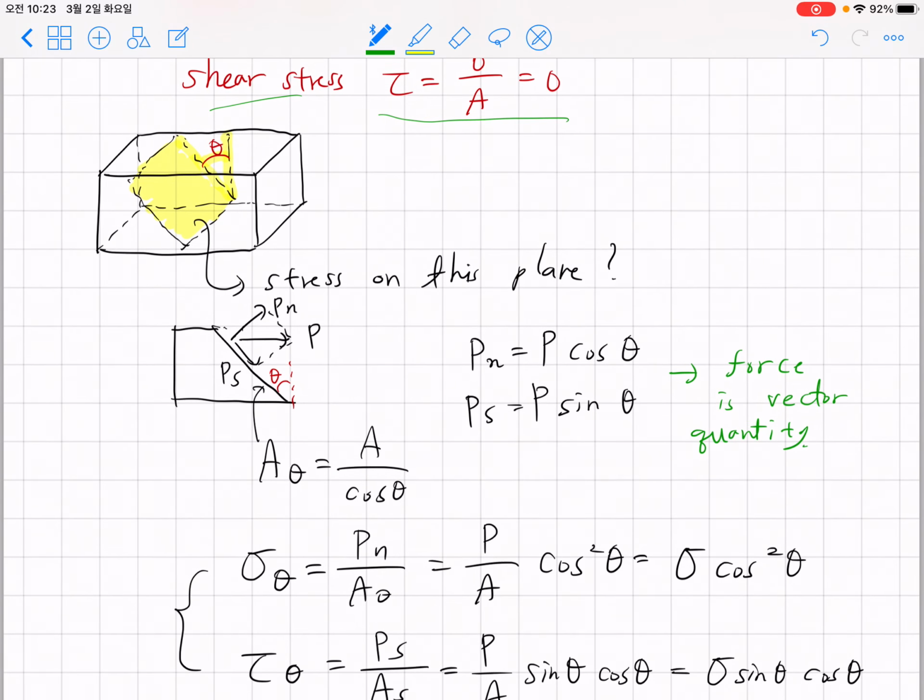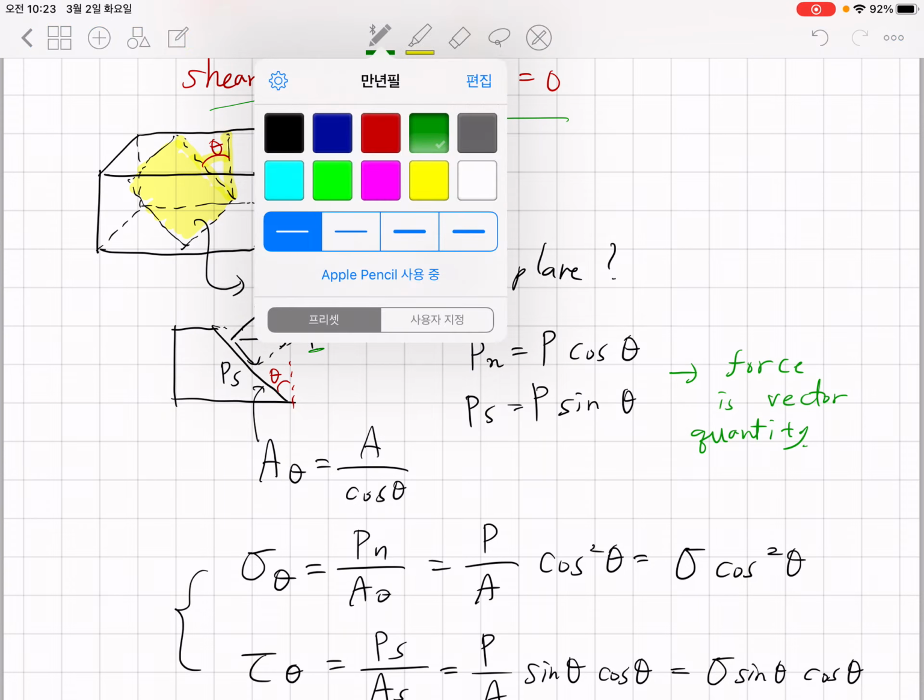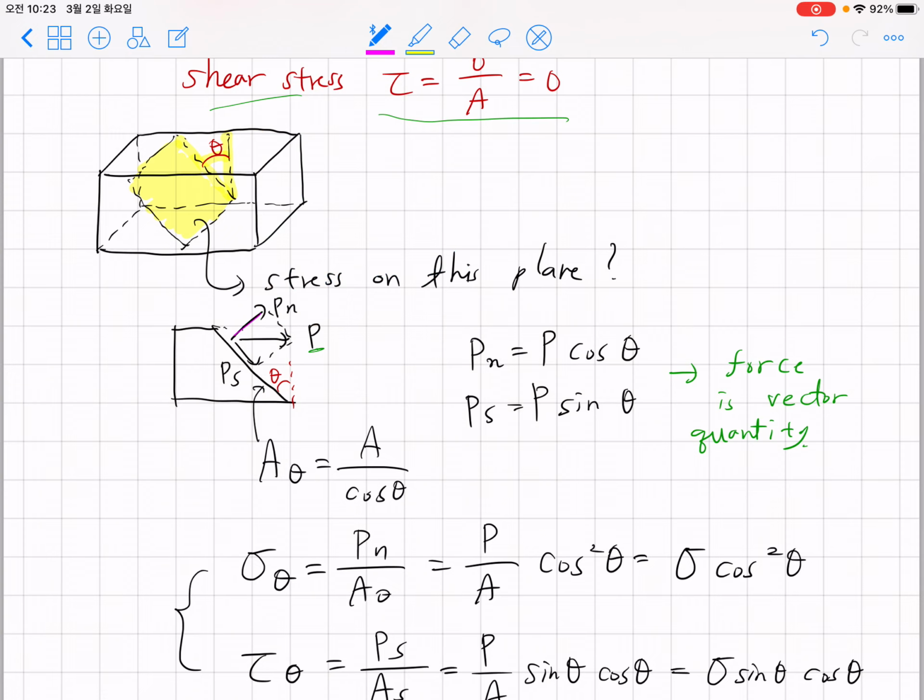First, you have to decompose the applied force P into a normal part and a shear part. You have angle theta here. This is the side view. From the trigonometric relationship, Pn must be P times cosine theta, and Ps, the shearing force, is P times sine theta.